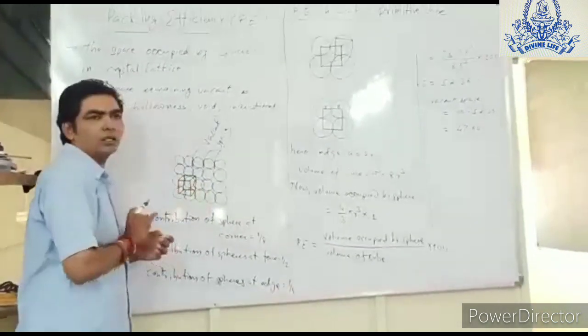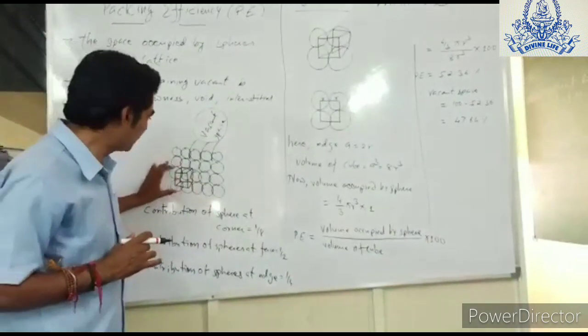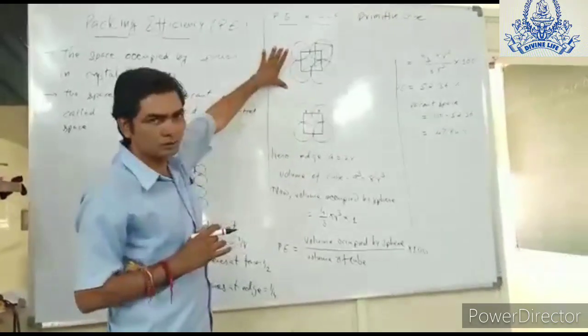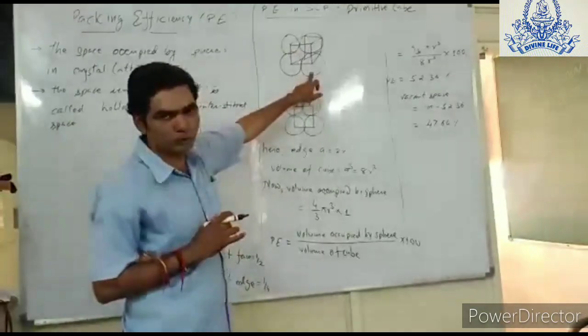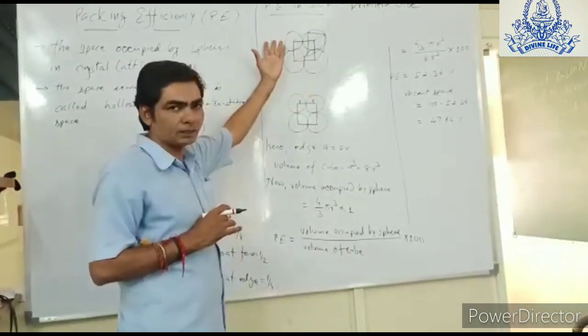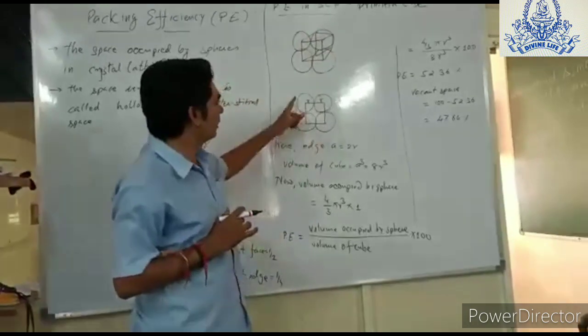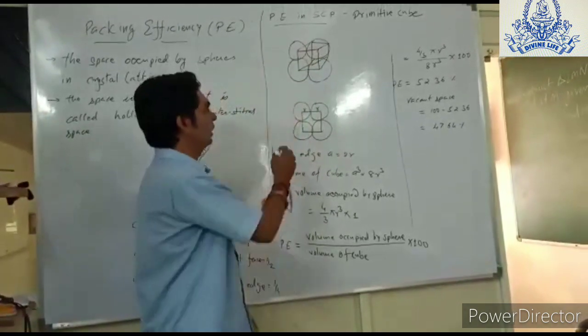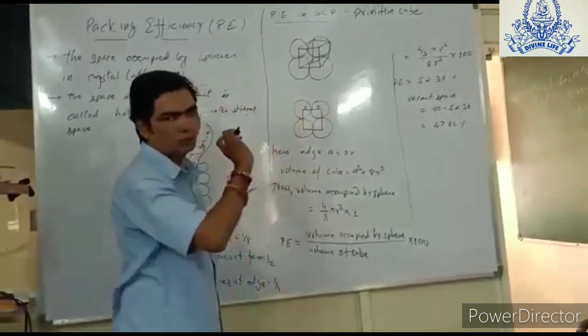So we obtain a cube. In my first lecture I have studied this. So 1, 2, 3, 4, 4 spheres and 4 at the backside. So a cube is arranged here, and from this figure, spheres 1, 2, 3 and 4 are shown.